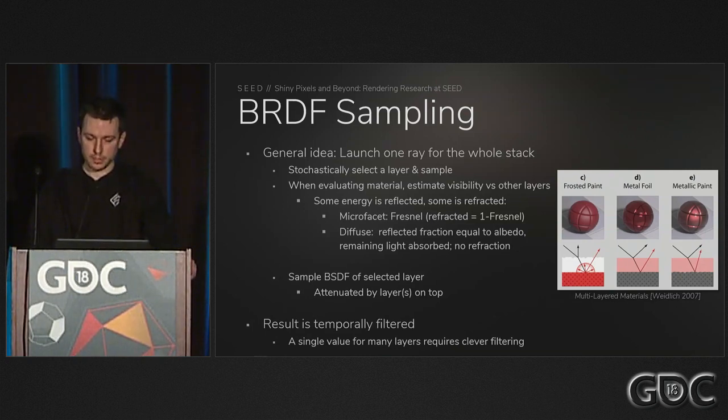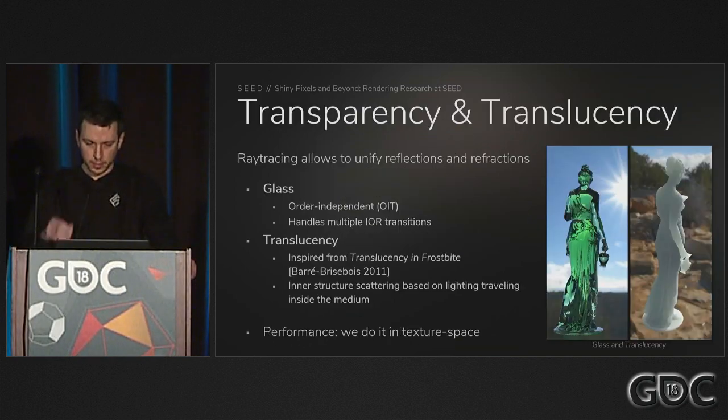This allows us to attenuate the selected layer by the layers that are on top of it. The result is then temporally filtered, but we only store a single value, so for many layers we have to be clever about filtering. That's the gist of it, and the devil's in the details, obviously. A full talk could be done on this topic alone, so maybe some other time.